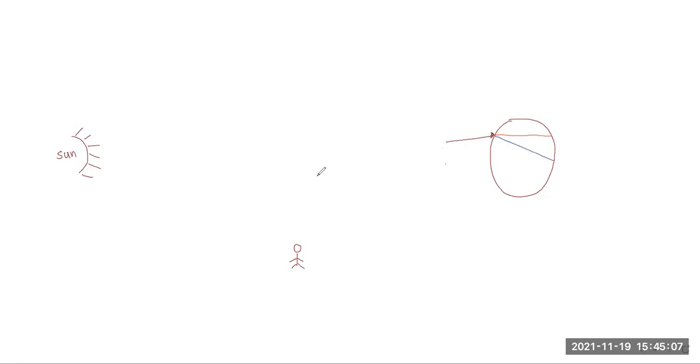Now there is a condition that must be satisfied. The angle with which these two rays hit the other side of this water drop must satisfy the condition of total internal reflection.